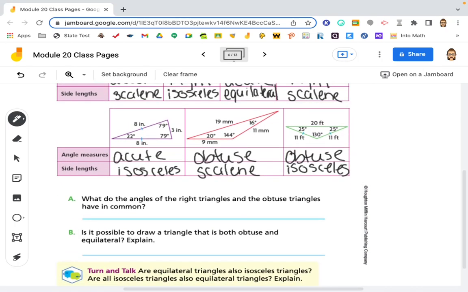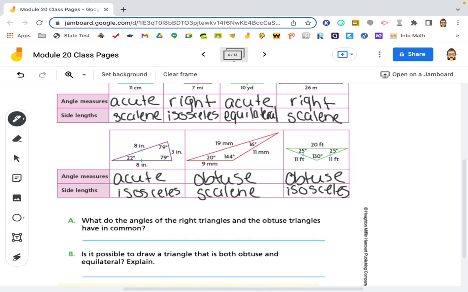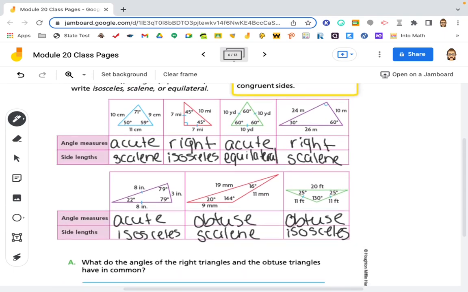So it says, what do the angles of the right triangles and the obtuse triangles have in common? Well, if you look at our right, you have one right, two acute. One right, two acute. We look at our obtuse, we have one obtuse, two acute. One obtuse, two acute.